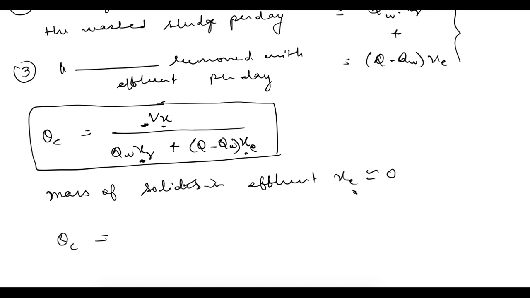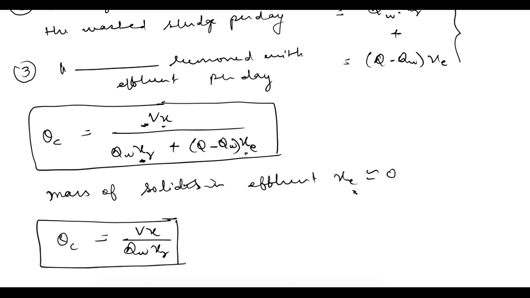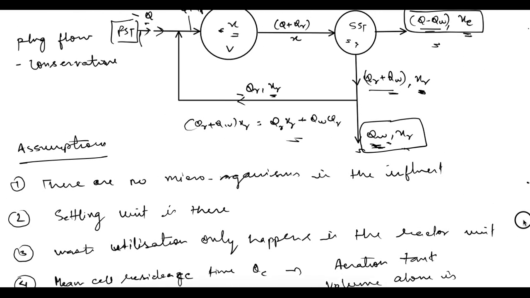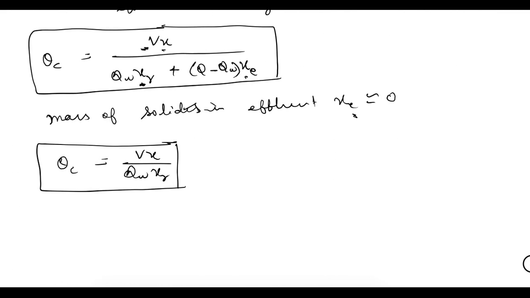So your theta C becomes Vx upon QW into XR. So this is how it can be calculated. At least you should understand what is happening here. Other than that, remembering the equation is not very difficult if you have understood it properly.